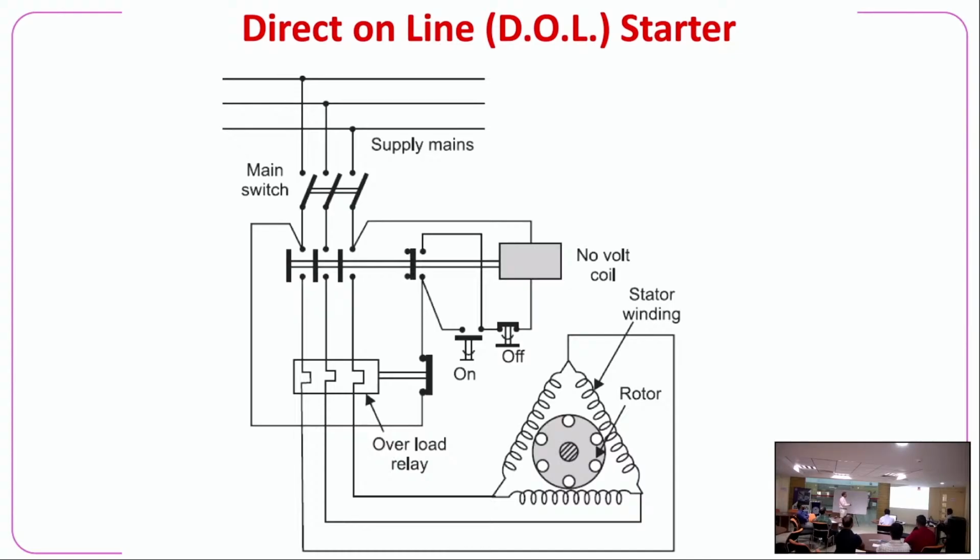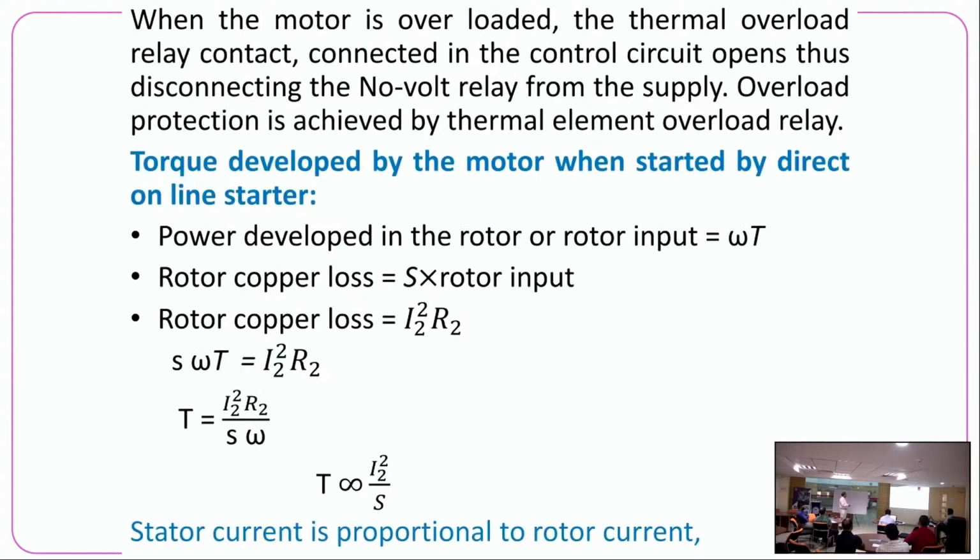With this mechanism, it either short circuits or open circuits the point. And then there is an overload relay. If the current exceeds a particular value, the relay will switch off.